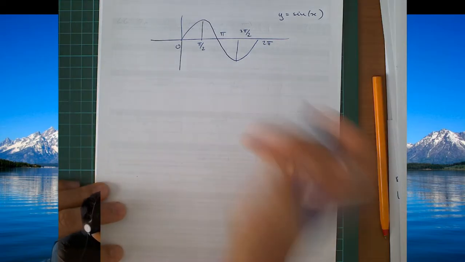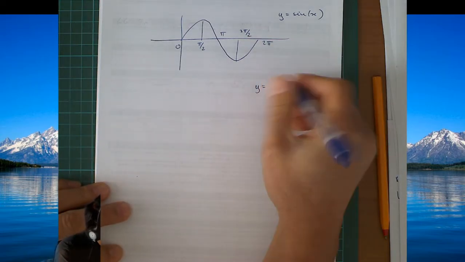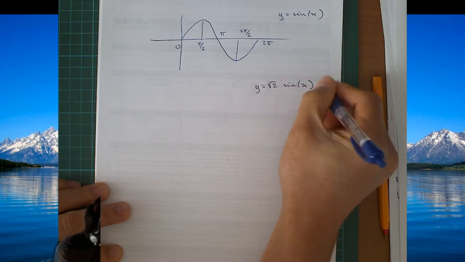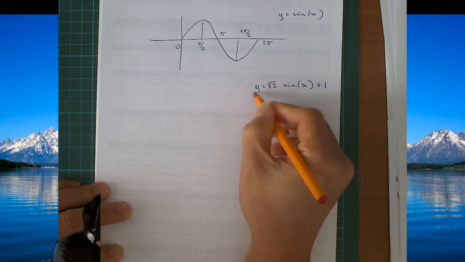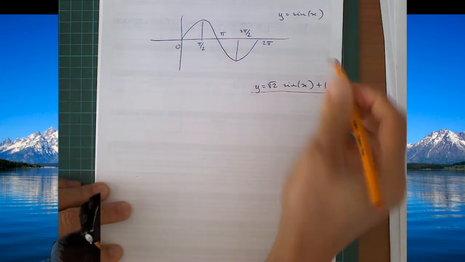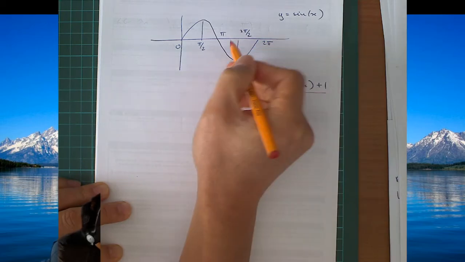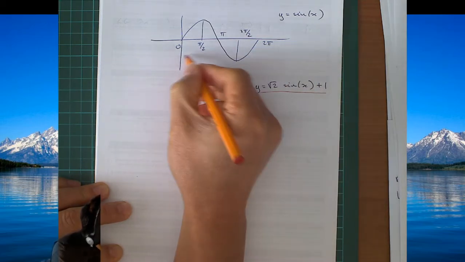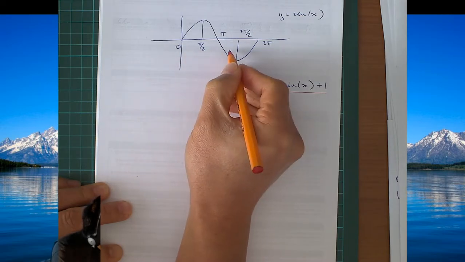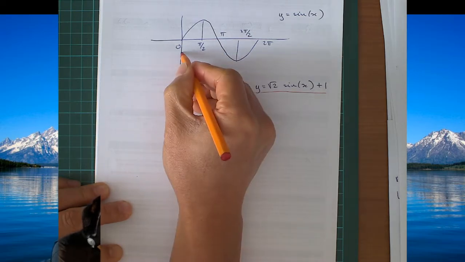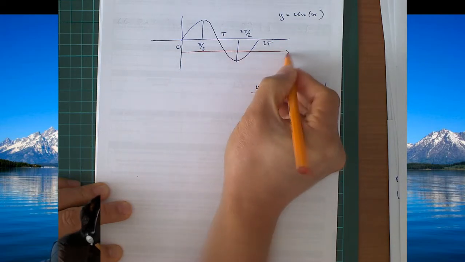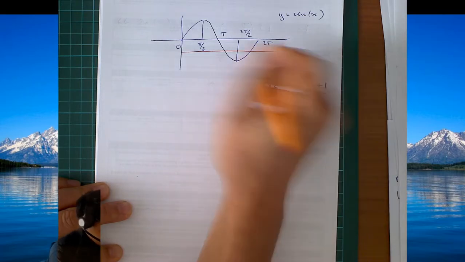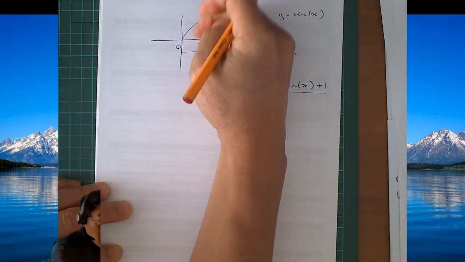So if I plot just y equals root 2 sine of x plus 1, the way you could graph this is by changing your plus 1. So my x-axis will shift somewhere here, because if I shift the x-axis 1 unit down, the function is moving 1 unit up.